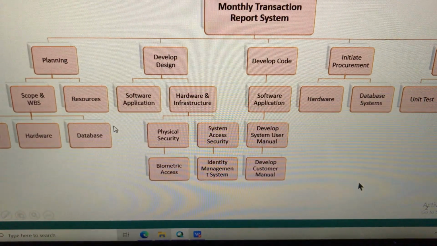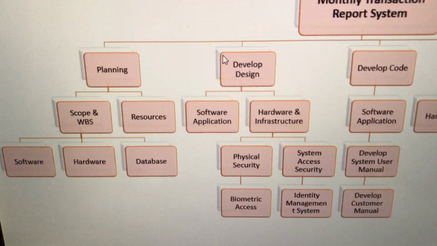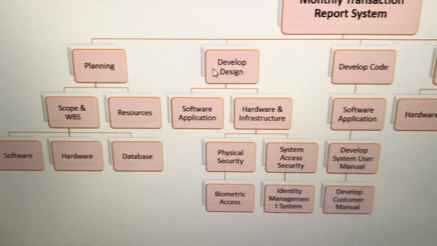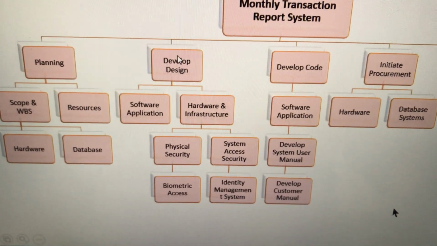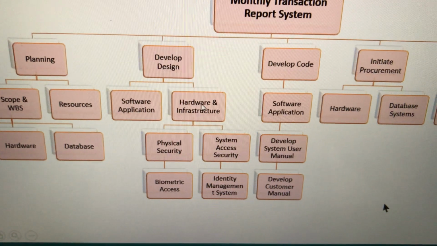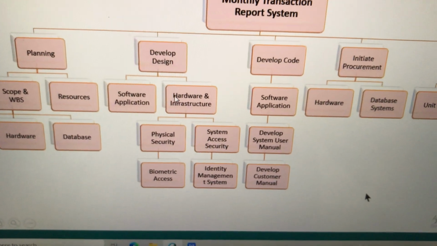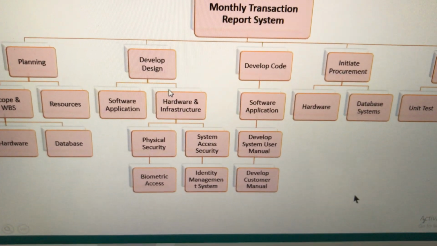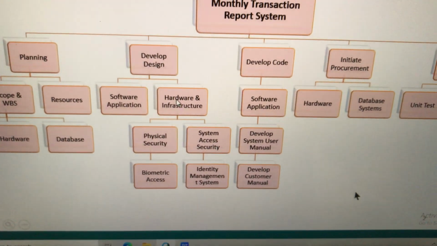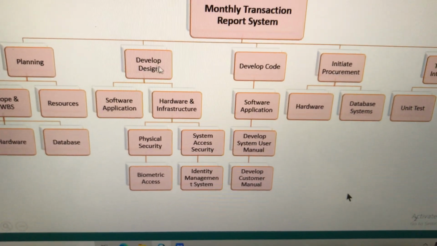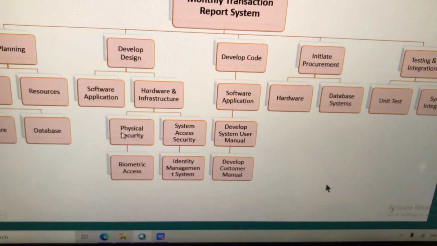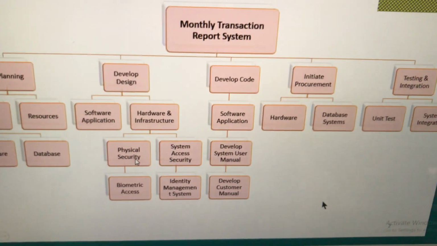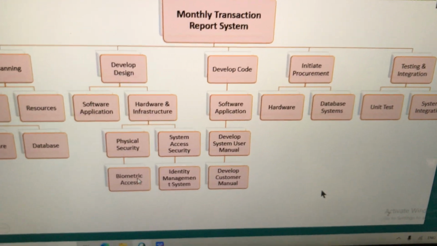The breakdown process happens. Now, if you look at the next branch, develop is an action item. Develop design for software, develop design for hardware. Can you see that? You have to read it combined so that it gives you that action item. And then in hardware, you are saying develop design for hardware, and within hardware, you have develop design for physical security, develop design for biometric security.